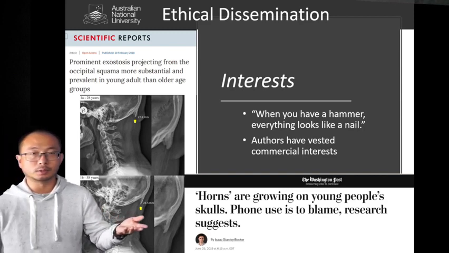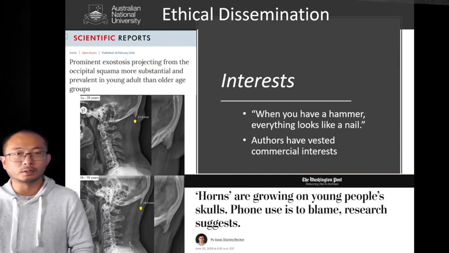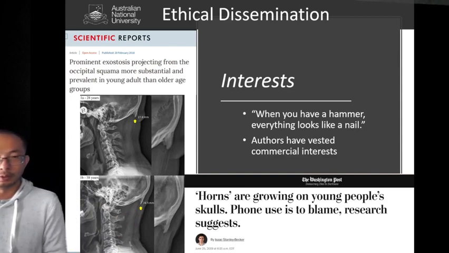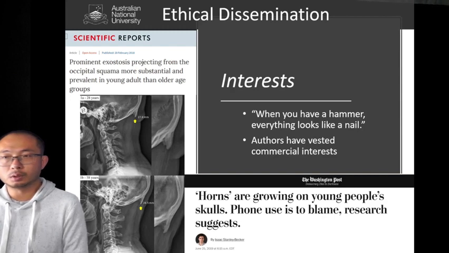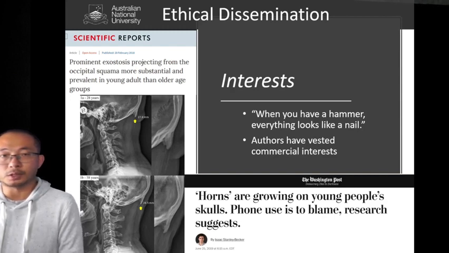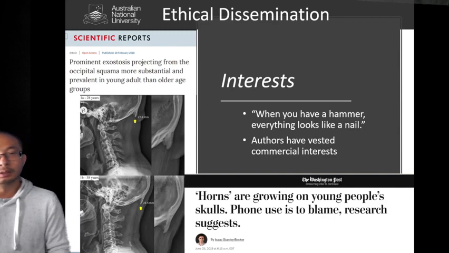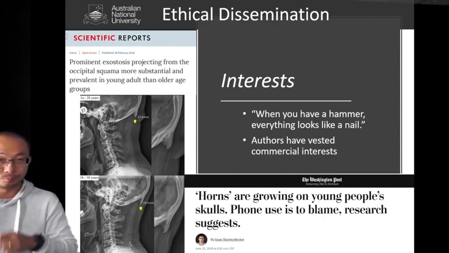You can see this little protrusion from the bottom of the skull of a young person, which apparently is more substantial and more prevalent among young people than older people.